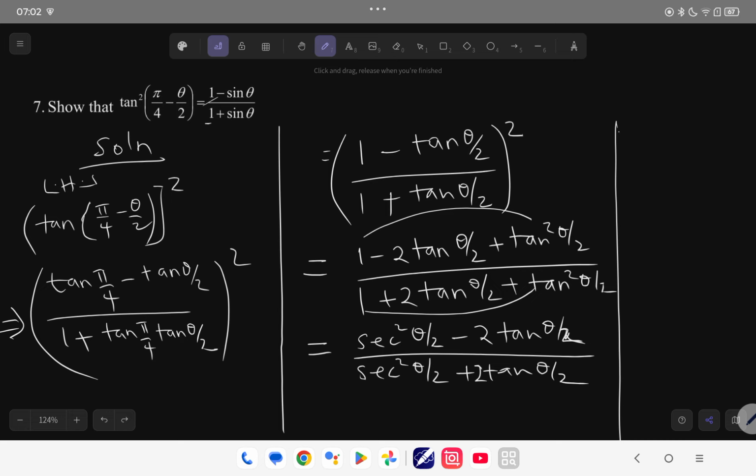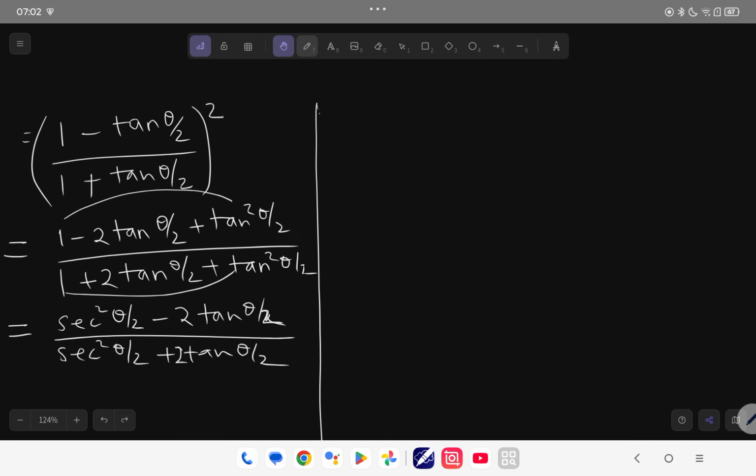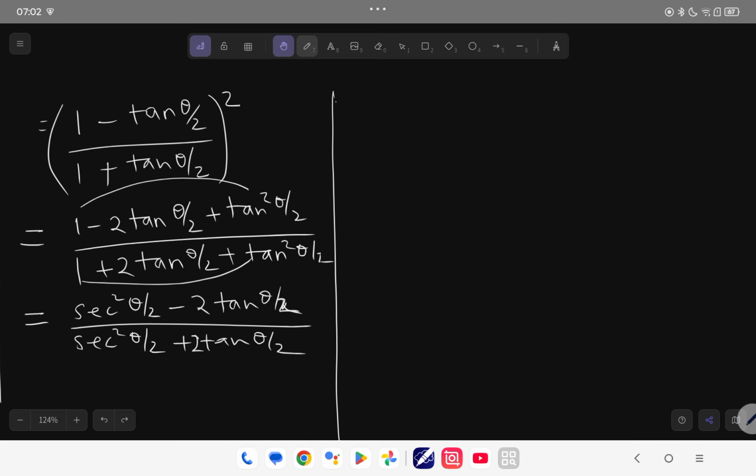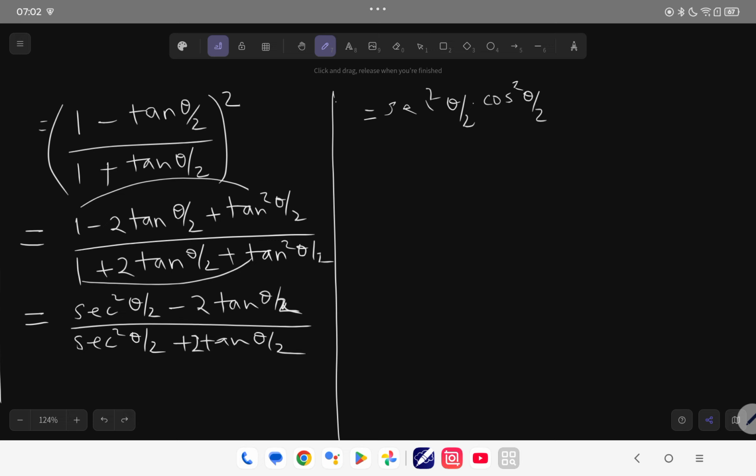So I'm going to multiply every term in this ratio by cos squared theta over 2. So it will be sec squared theta over 2 times cos squared theta over 2.